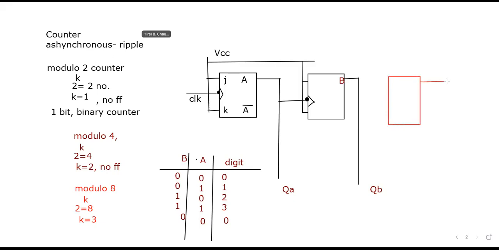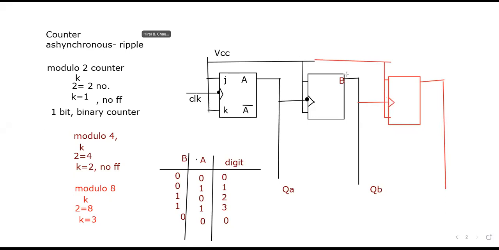We have to deal with the third output, and here it would be QC, and this input would be extended. Here we have the input to all. Okay, and the output of the previous would be the clock to the next one, and it is again edge triggered clocks, negative edge trigger.